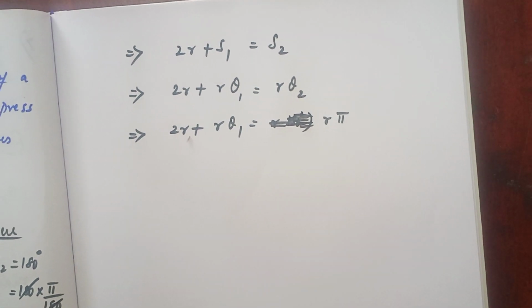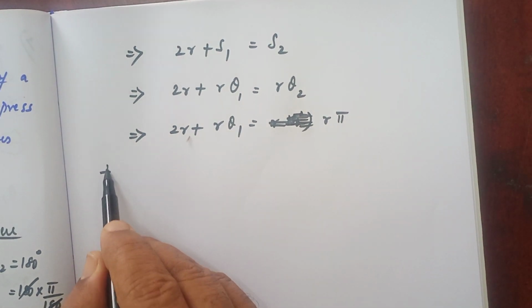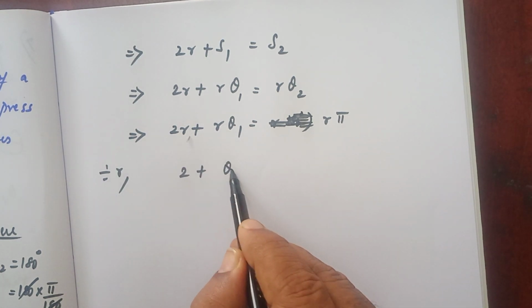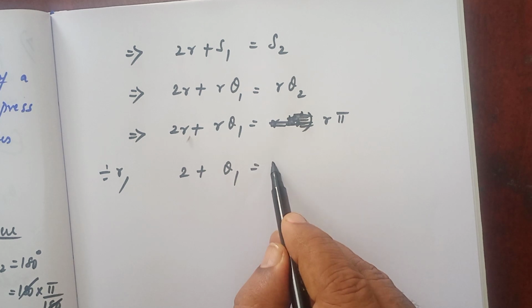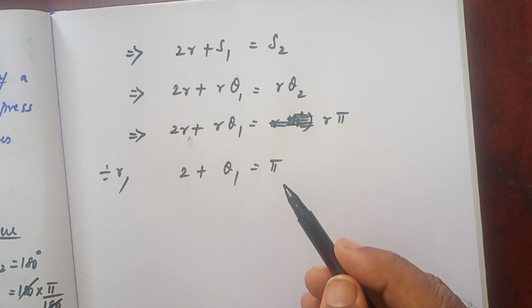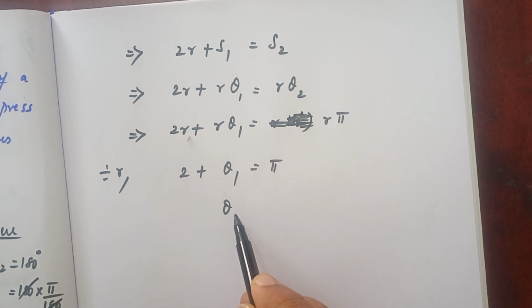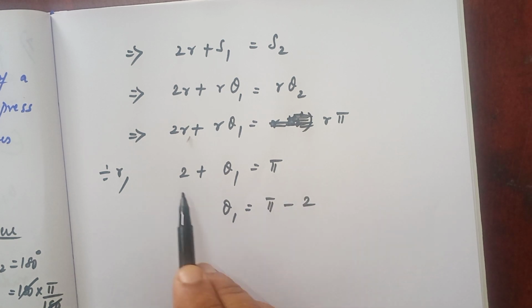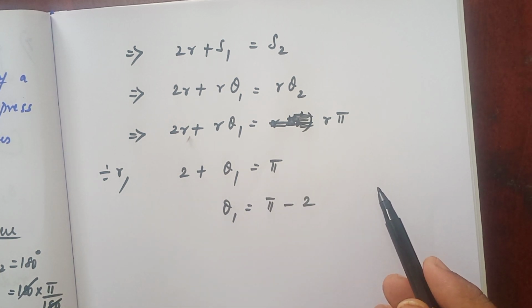Now divide by r first. If we divide by r, r gets cancelled in each term: 2, theta 1, and pi. So we have to find out theta 1. Theta 1 is equal to pi minus 2.